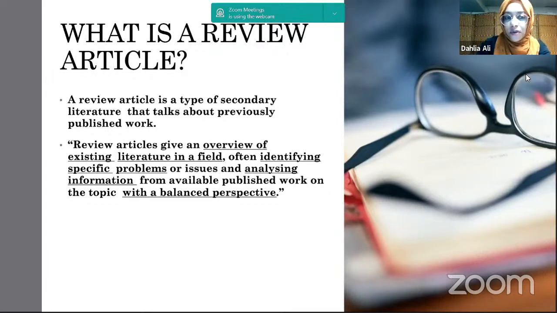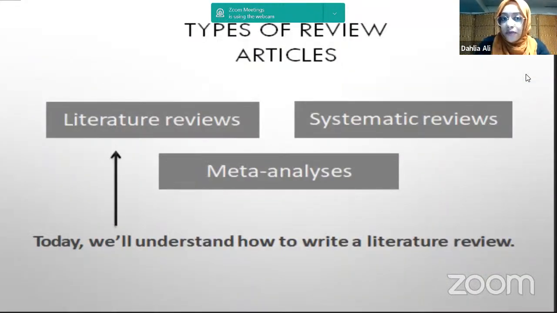A review article is a type of secondary literature that talks about previously published papers or work. Review articles give an overview of existing literature in a field, often identifying specific problems or issues and analyzing information from available published work on the topic with a balanced perspective. The types of review articles are literature review, meta-analysis, and systematic review. Today we'll be talking about literature review.